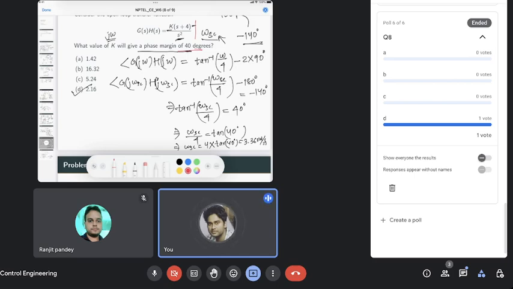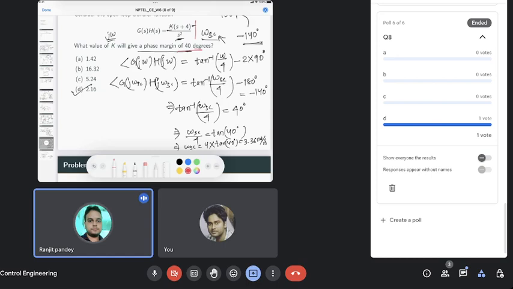Okay, so if you are at the gain crossover frequency for a non-minimum phase system, and your phase angle is, let's say, -200 degrees, then what can you say about the system, whether it will be stable or unstable? I think it is stable.